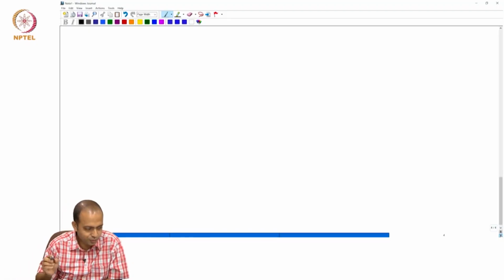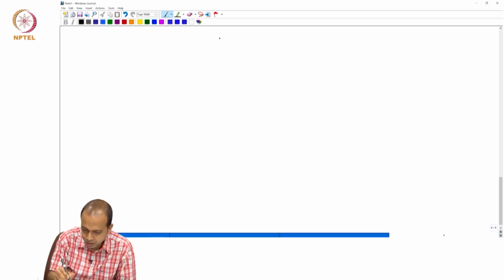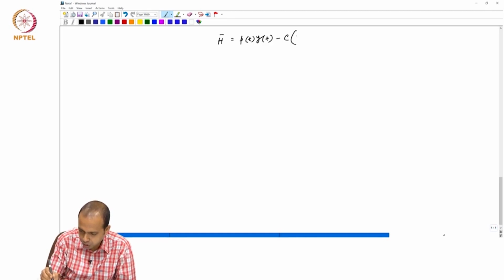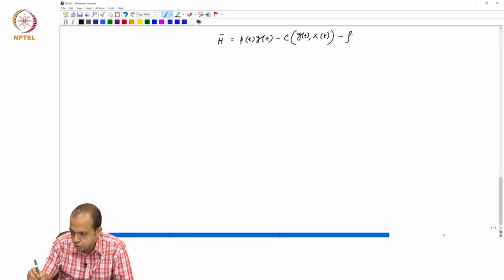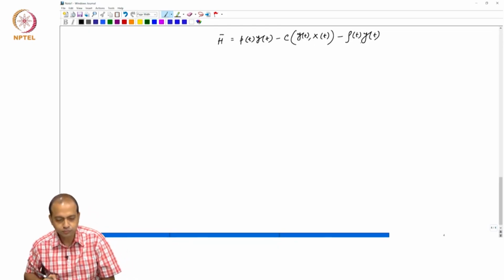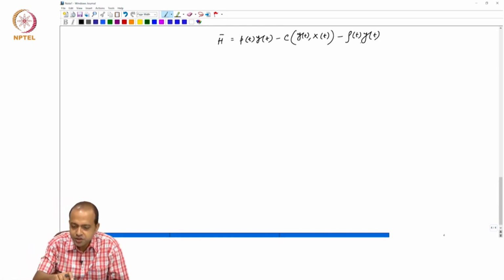The current value Hamiltonian H bar would be Pt into It minus C into It, xt minus rho t into Yt. Okay, so this is very simple.